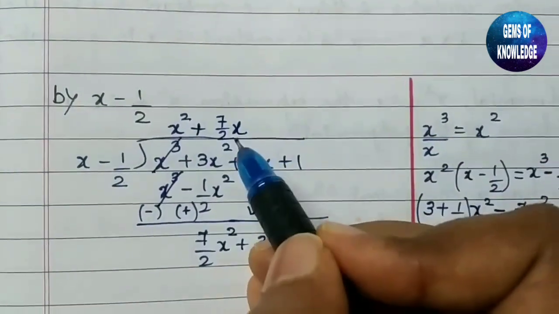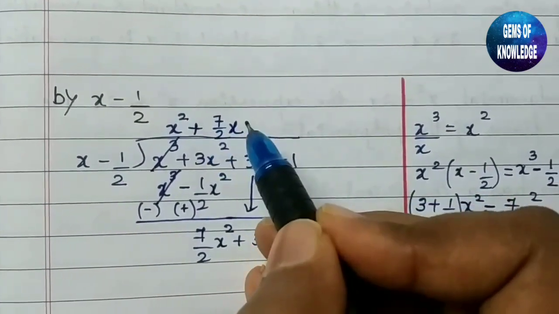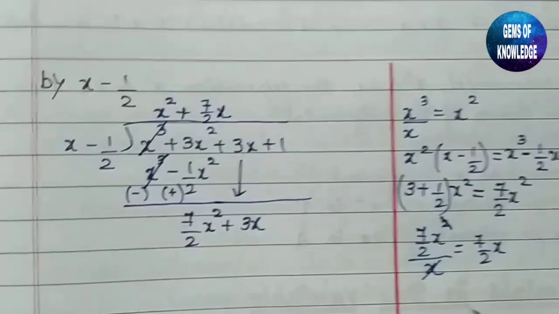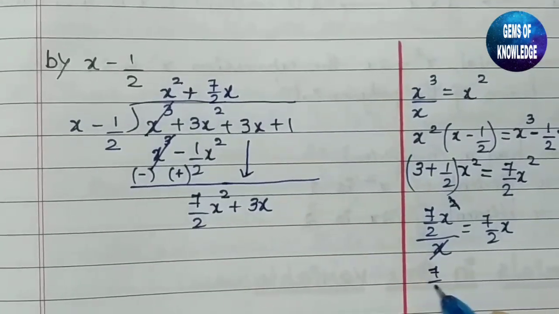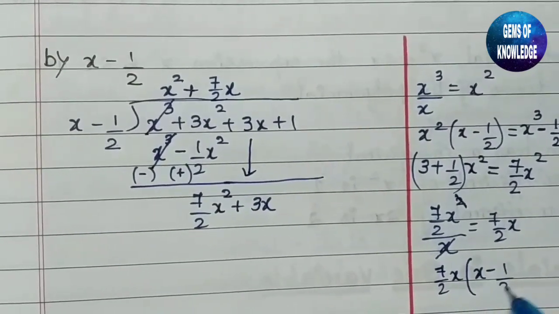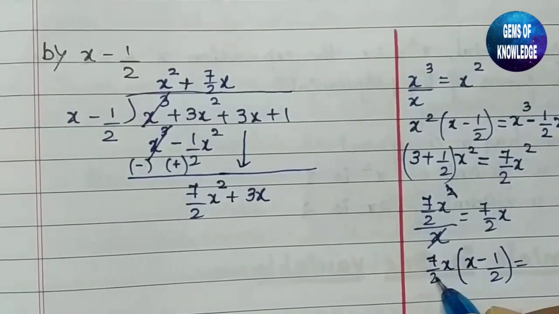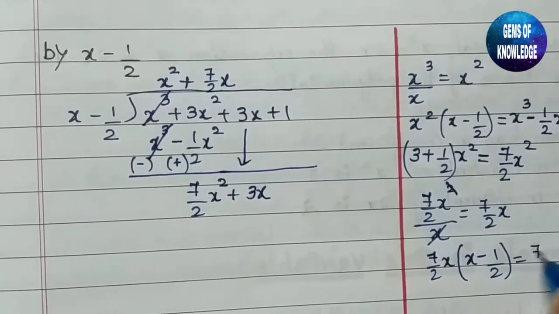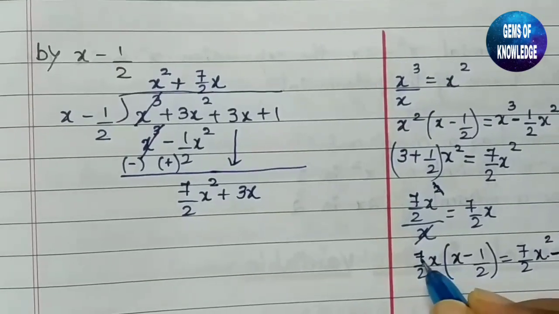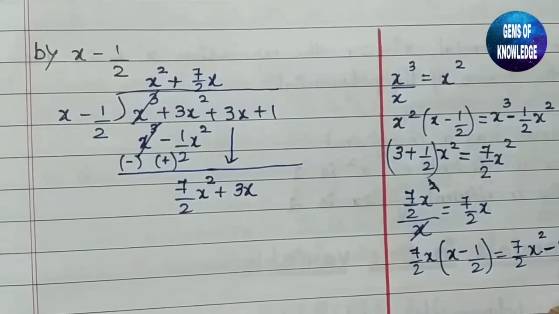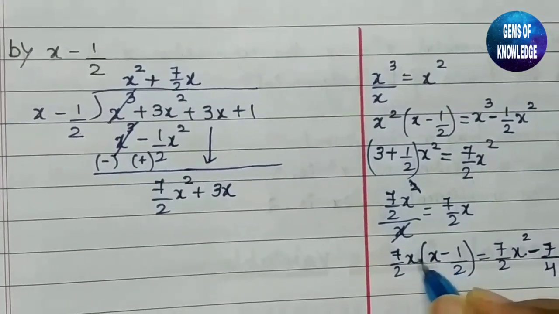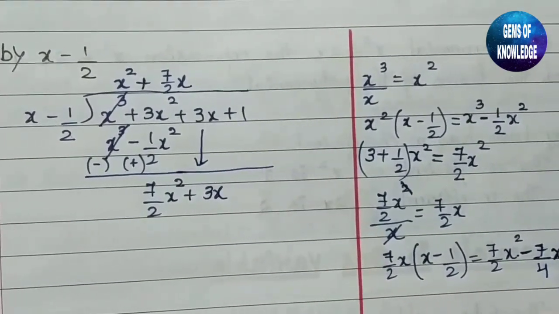Now this 7 by 2x must be multiplied with this x minus half. So 7 by 2x into x gives 7 by 2x square, and this minus will be as it is: 7 ones are 7 divided by 2 2s are 4, and this x will be mentioned here itself.